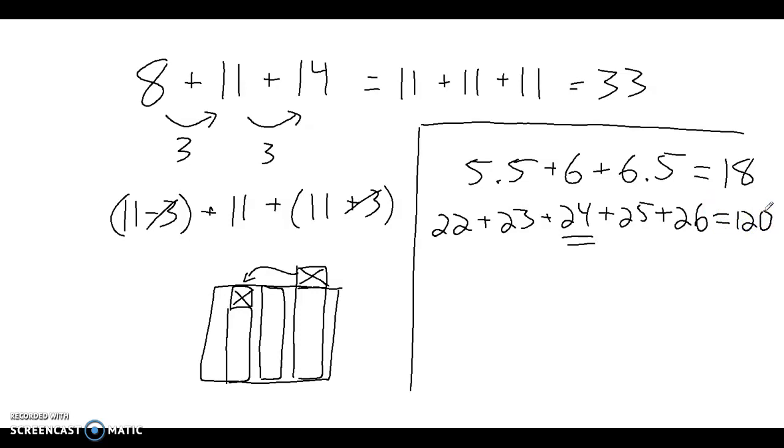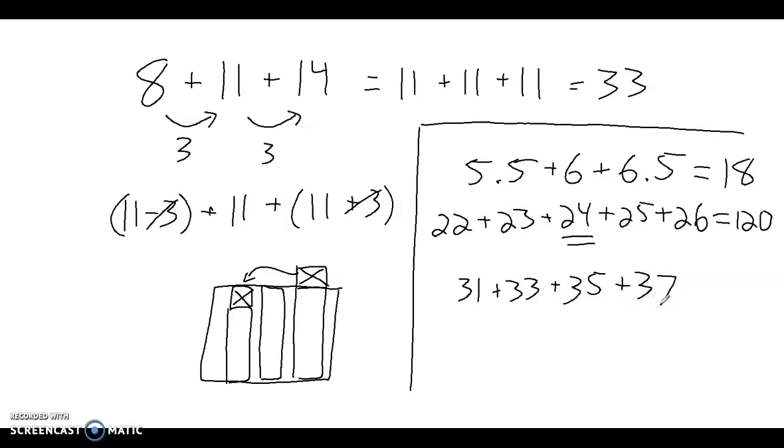If you're adding a string of numbers and there aren't 3 or 5 or some odd number of them in the list, but instead an even number of them, it can get a little bit trickier, but watch this. What if we want 31 plus 33 plus 35 plus 37.